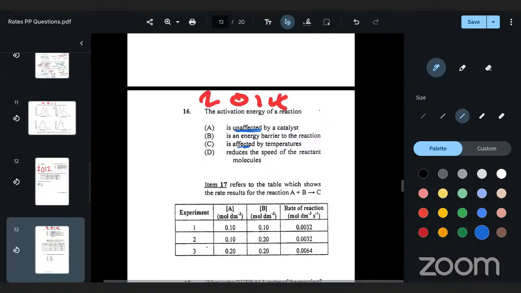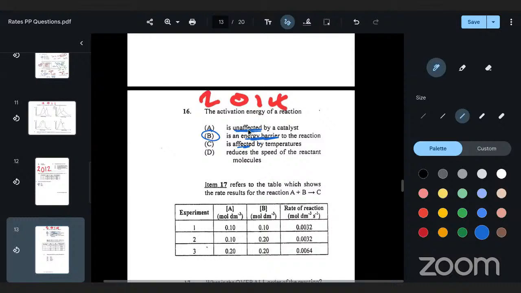Yes, I had said B. Oh, I didn't hear. So B would be a more appropriate answer because we know it is a definite energy barrier to a reaction. And we know that if you increase temperature, more molecules are able to surpass the energy barrier. So it is definitely affected by temperature.